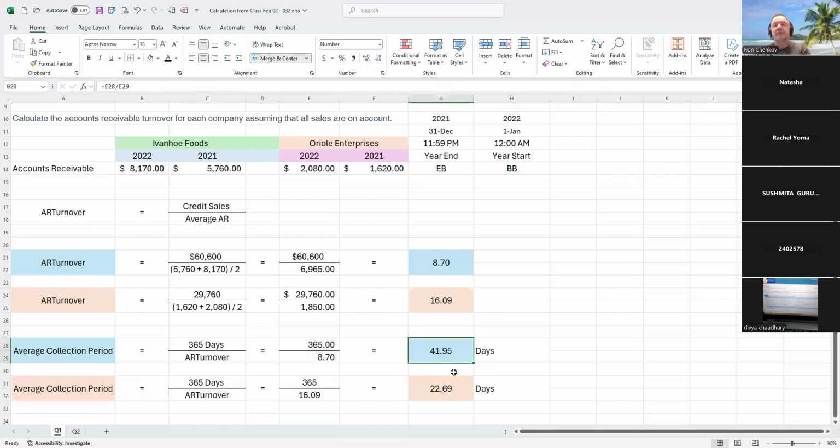What are you going to suggest the first company do? How can they improve their accounts receivable? Give me ideas. You're the managers. Tell them what to do. I have a problem with accounts receivable, obviously. What should they do?